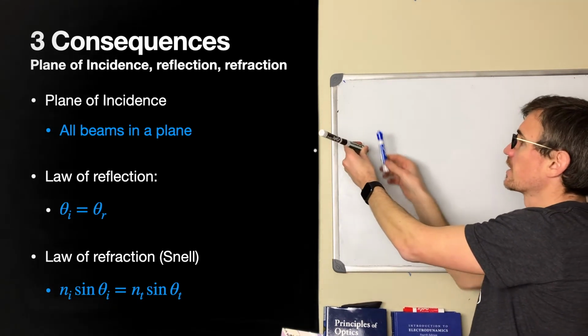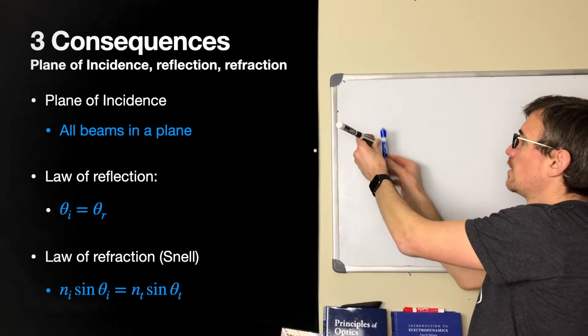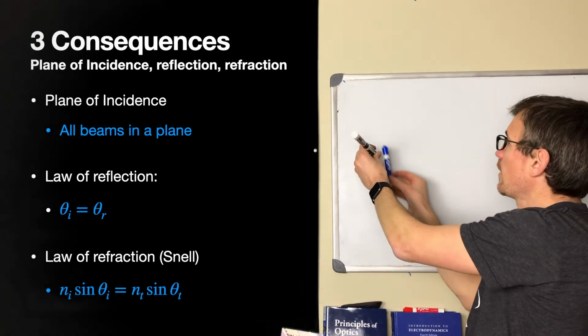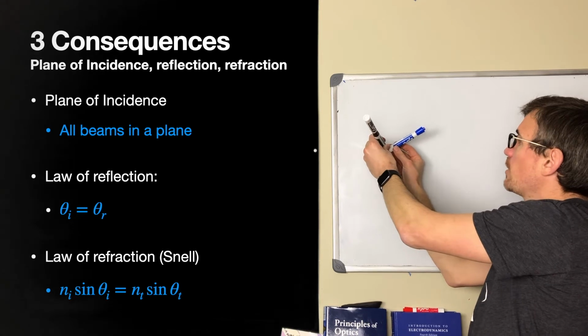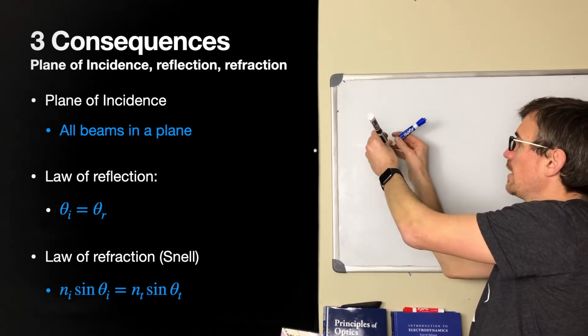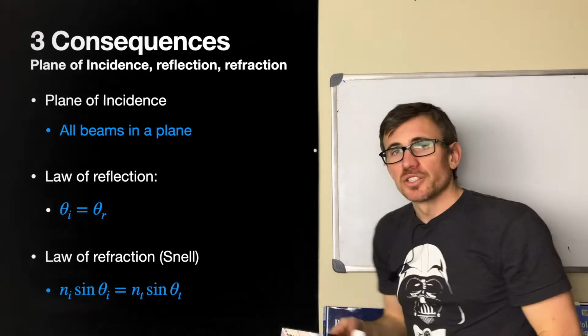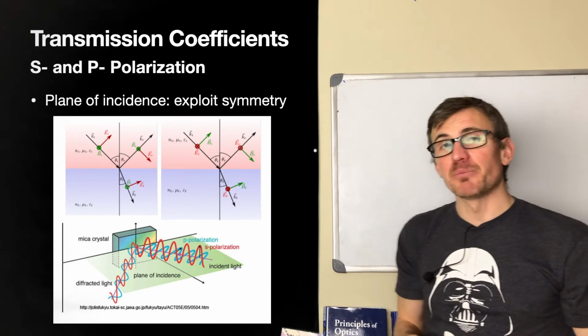In the one case, as it comes in, as it's perpendicular to that plane of incidence, none of the field is kind of perpendicular. We don't have any E perp component as it's going in. Whereas in the other case, we have a combination of perpendicular to the plane and parallel to the plane. So there is a preferred direction, and we have fancy names for these, the S and the P polarization.